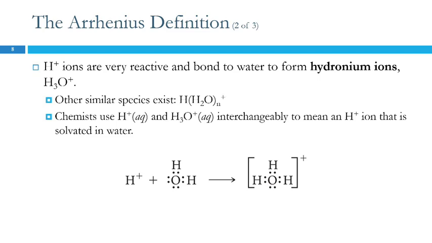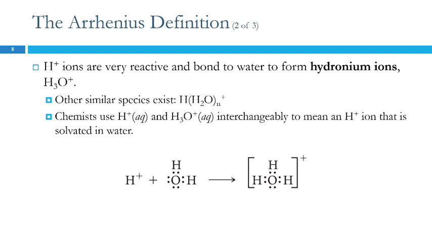There are other things that exist where you've got the hydrogen ion and you can have more than 1 water molecule involved. We're not going to worry about those guys. Chemists, me included, we use H plus aqueous and H3O plus aqueous interchangeably.